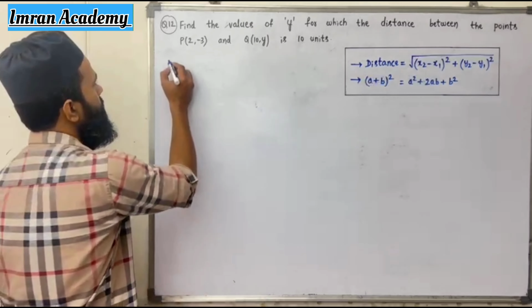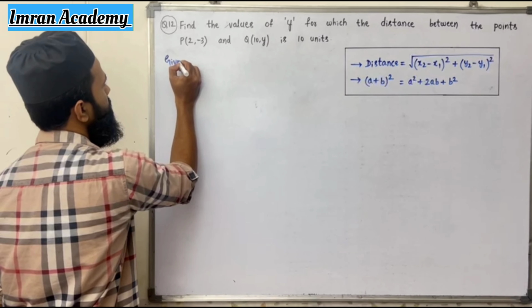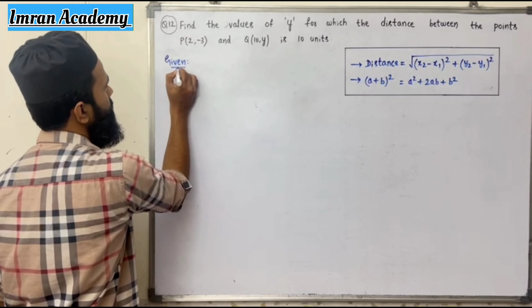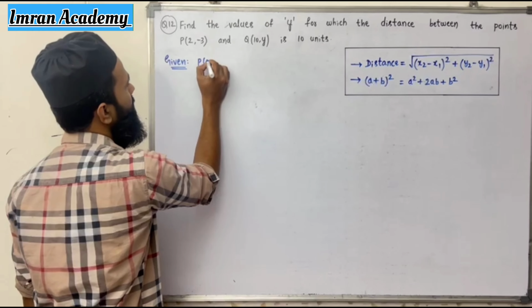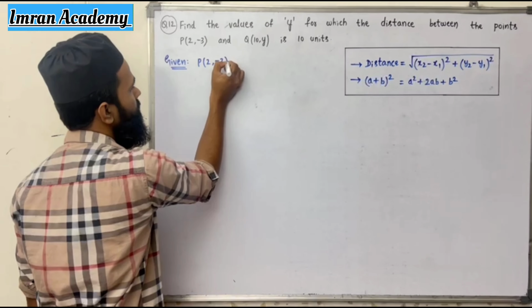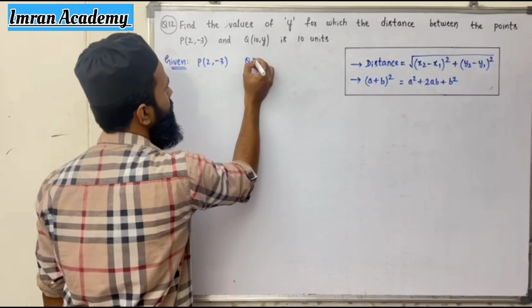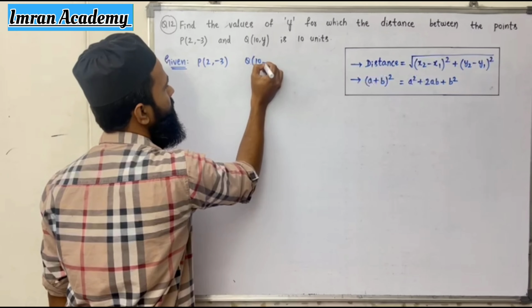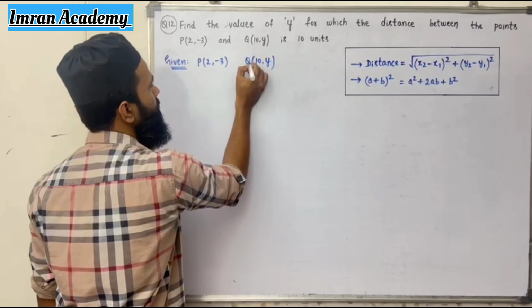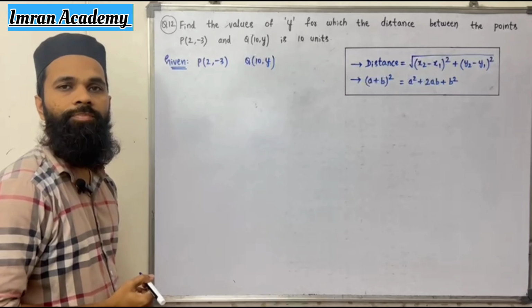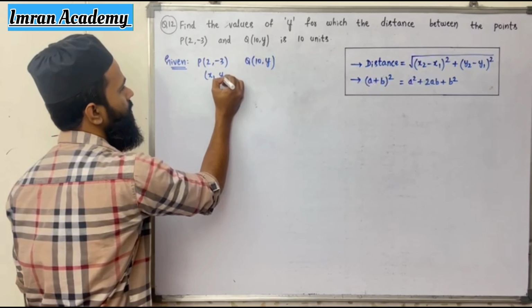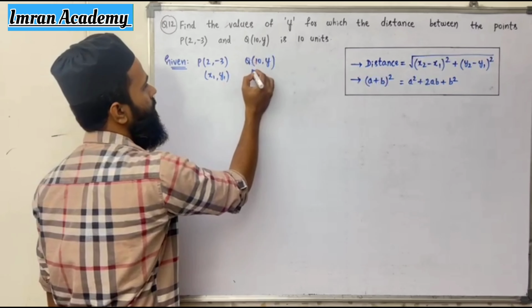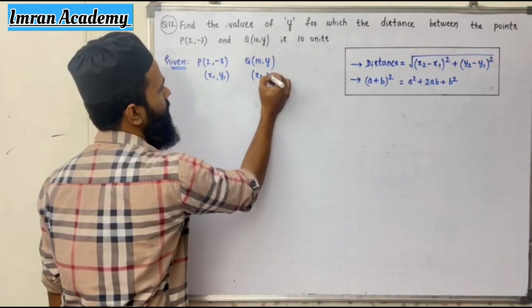Given points P(2, -3), Q(10, y). Let the points be (x1, y1), (x2, y2).